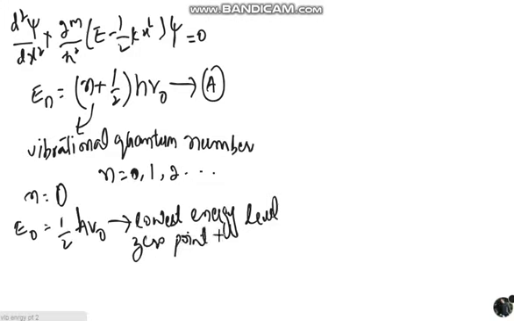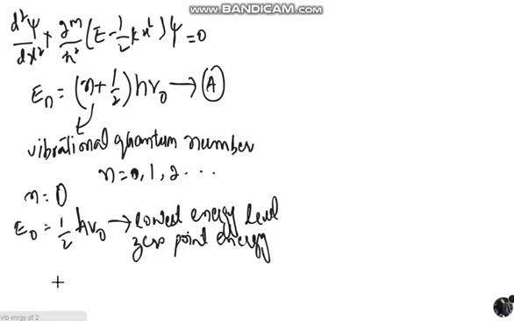and this energy is also called the zero point energy. We call it the zero point energy because at the lowest energy level, the energy is not equal to 0, but has some value.